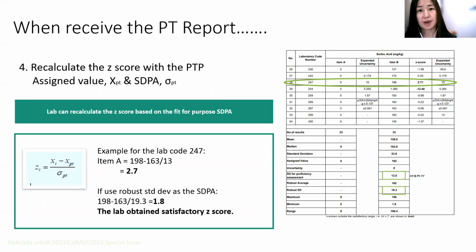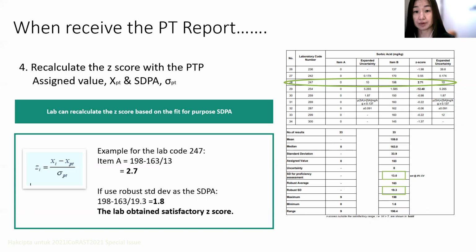The lab needs to calculate back the z-score with the PT provider's assigned value and the SDPA. If the lab receives a z-score of more than 2, which is a questionable or outlier result, the lab is considered unsatisfactory, or they can achieve a satisfactory level by recalculating their z-score.